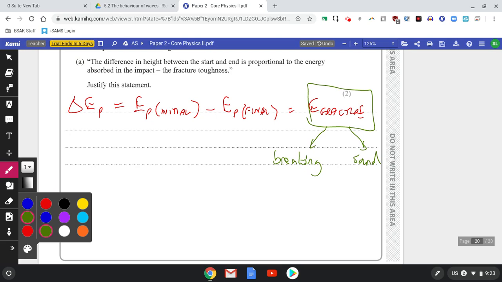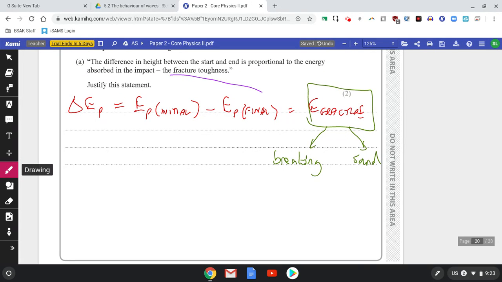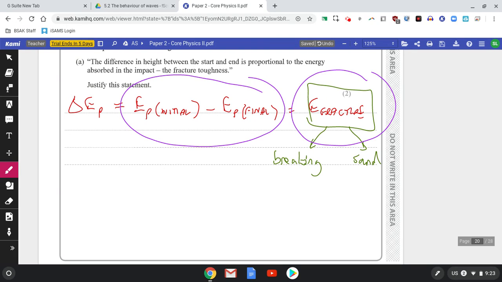Hopefully you can see that roughly this value is going to be equal to that value, if you take into consideration both the energy to break the sample and the energy lost as sound. That was how I justified that one. Because the mass of the hammer and gravitational field strength are the same, then this is proportional to the change in height, isn't it?